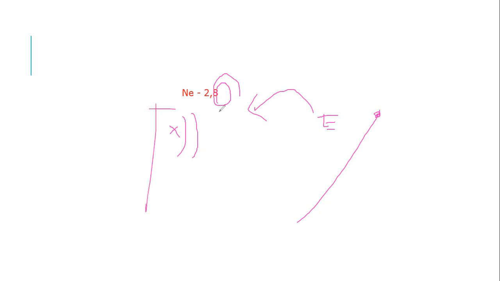Therefore, you have to provide more energy. Why? This is a very stable configuration, so you have to provide more energy to remove the electron from this configuration. That's why you can see a very sharp increase of the ionization energy once you get into the stable configuration.